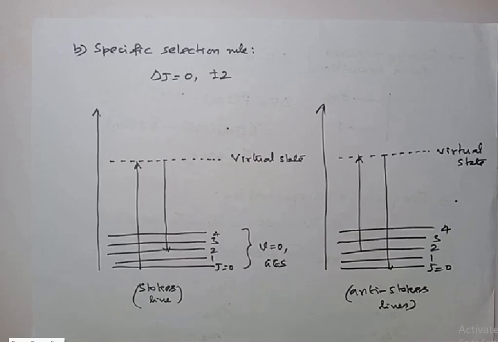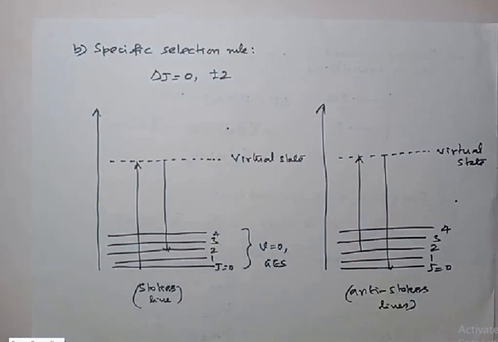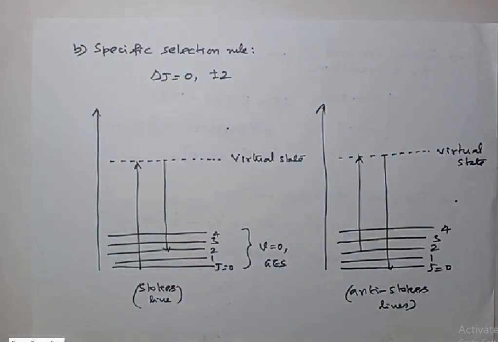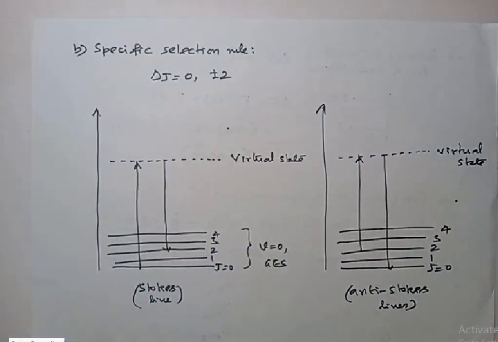For the transition dipole moment integral to be not equal to zero, we get this condition. Which actually requires some quantum mechanical information, which I'm not going to discuss. I'm giving you the rules directly. This is called the specific selection rule.